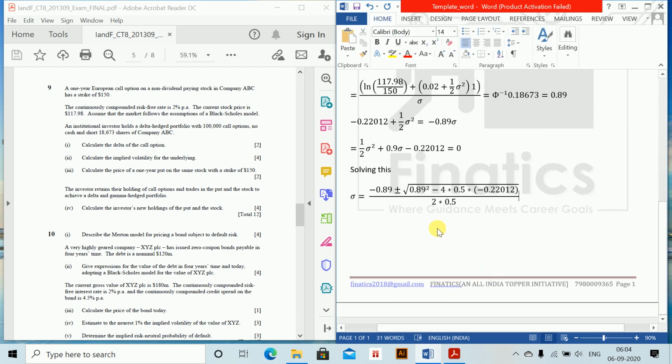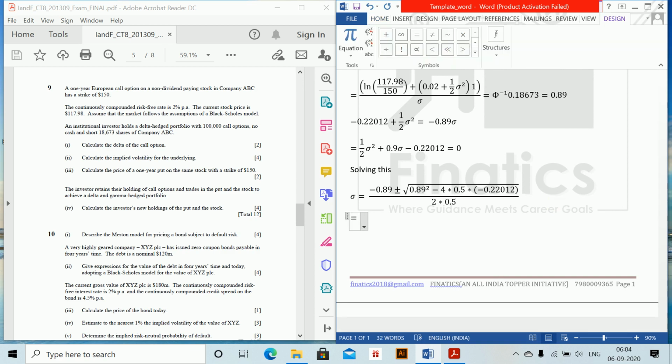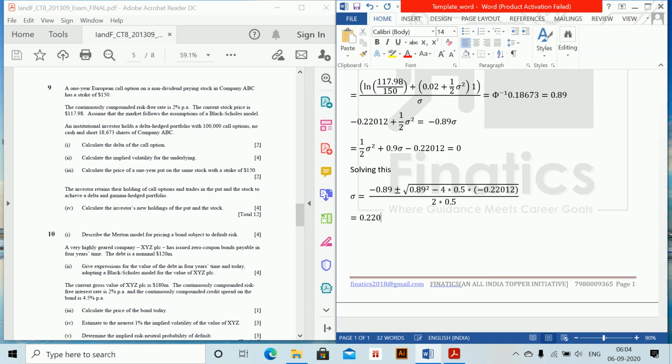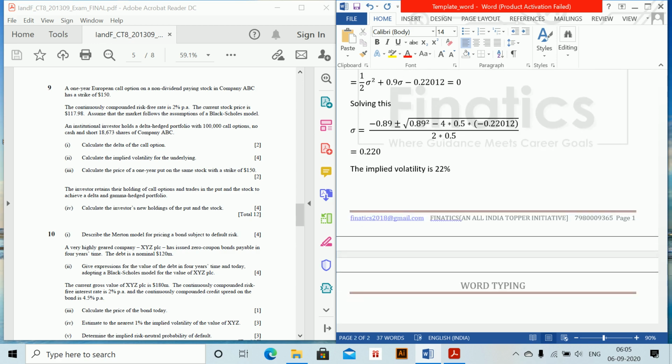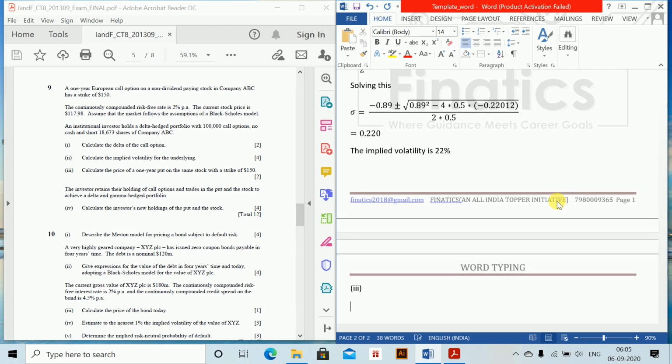So this is equal to 0.220. Therefore the implied volatility is 22%.